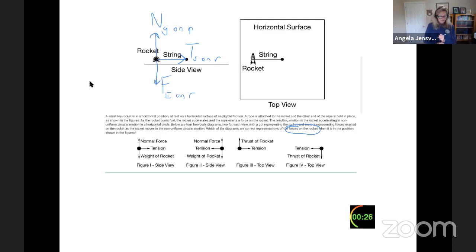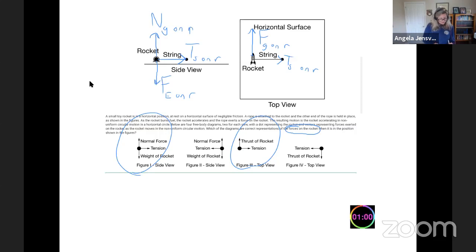Okay, now from the top view, you have tension of the string on the rocket. And then they're calling it thrust, but I've already used capital T for tension, so I'm going to use force of the gases on the rocket. Even if you don't look at the labels, which of these matches the diagram? This one and this one. Look at this.